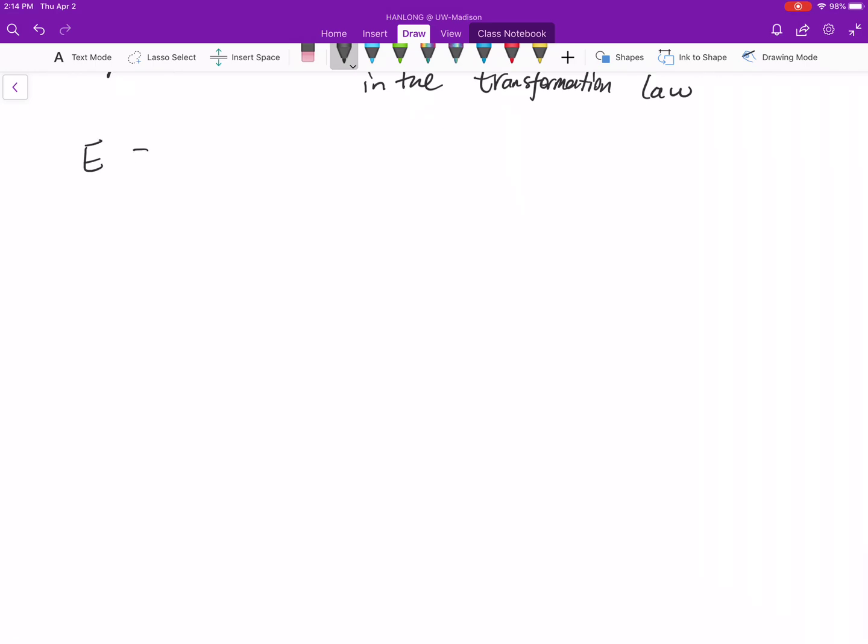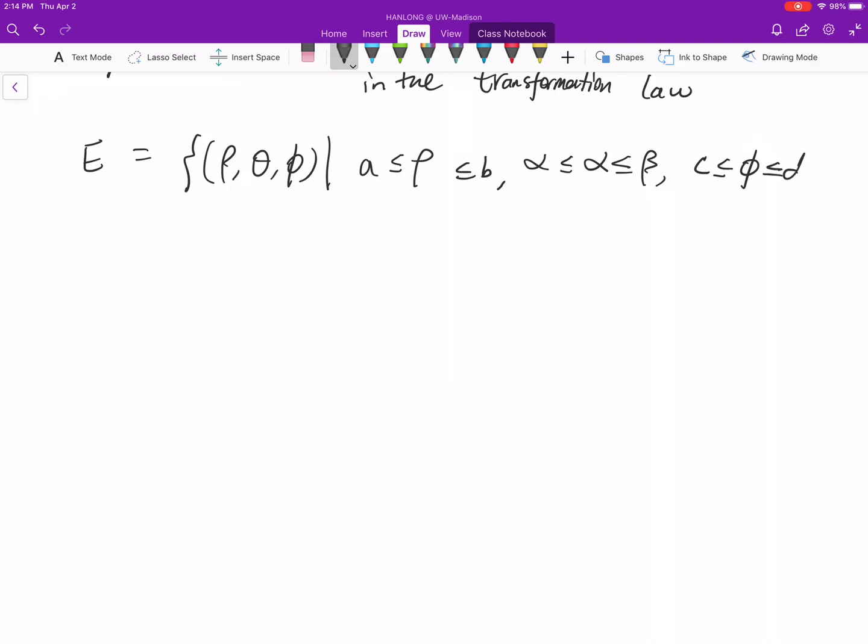So suppose the region we have in rho theta phi coordinates is given by some cuboid, but then in xyz coordinates, the rectangular coordinates, you have a little bit more complicated region.